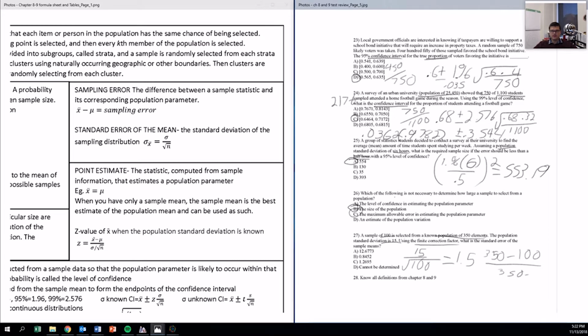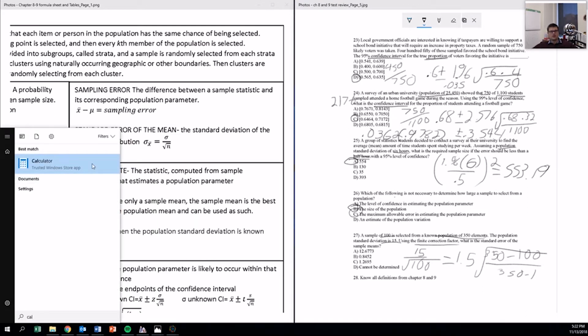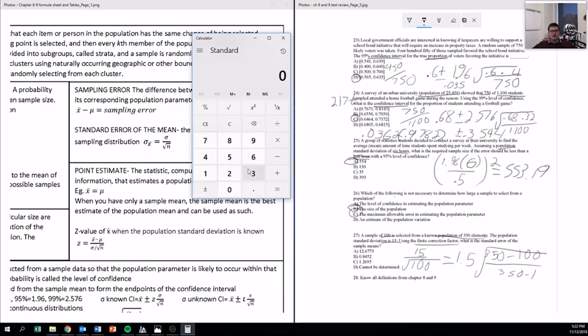You've got 250 divided by 349. Equals, and then you take the square root of that, which is 0.8463. So you do 1.5 multiplied by 0.8463, which is 1.2695.